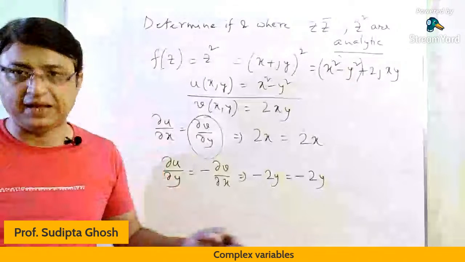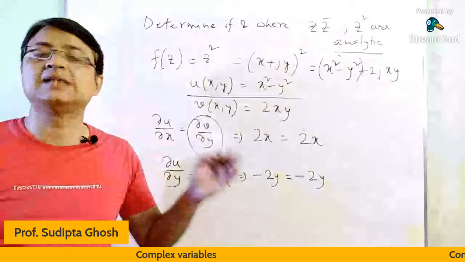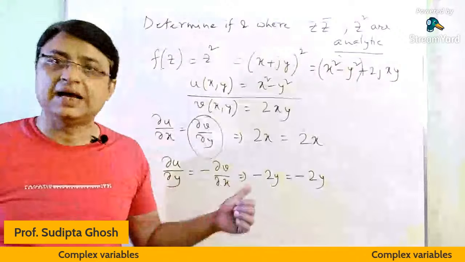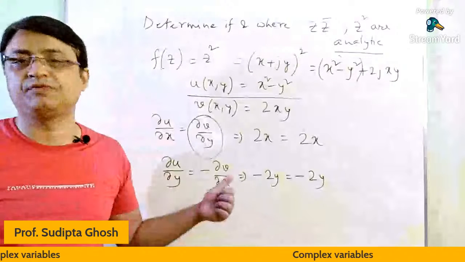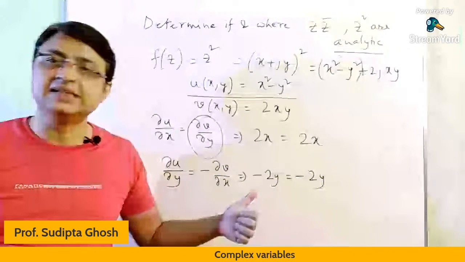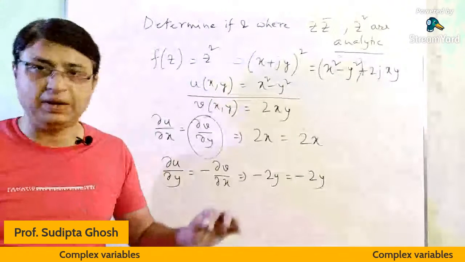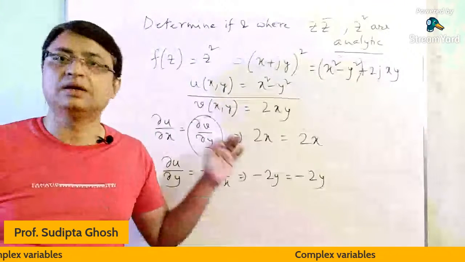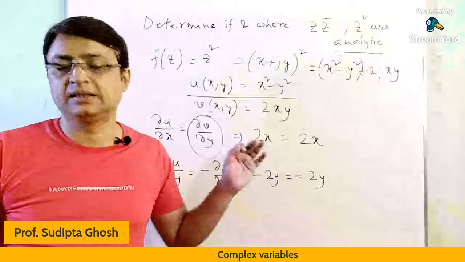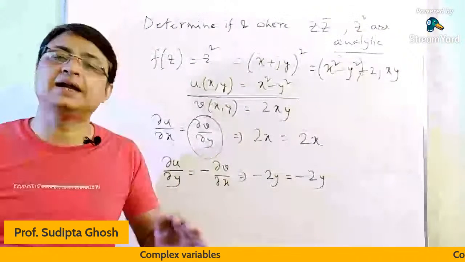So the function z square is analytic everywhere, because this function satisfies the Cauchy Riemann equation at all points in the xy plane.